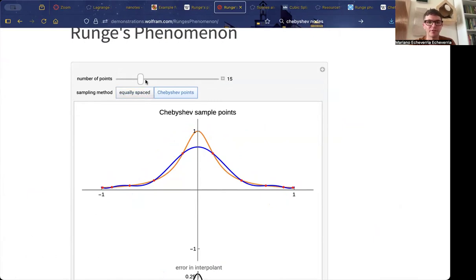So if you increase the number of points in the approximation, you see this is behaving way better than what we had before in the equally spaced case. So it's not that Lagrange interpolation always fails. It's just that it can behave poorly if you don't use the correct spacing for the points. That is also a useful thing to understand.